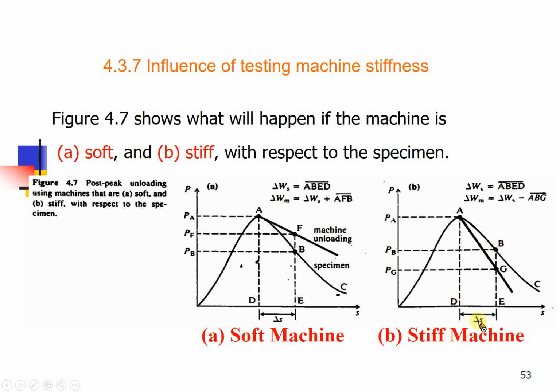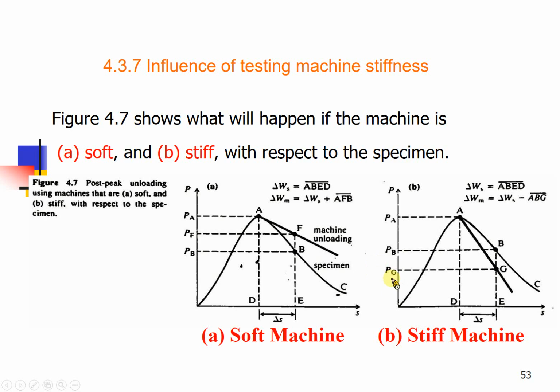Under this displacement, the machine can release a force in such a large amount, so the force applied on the rock specimen will drop from PA to PG. This force applied on the specimen will be smaller than the load the rock can sustain, lower than the strength. So the rock will not fail.